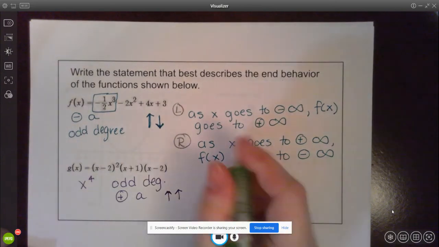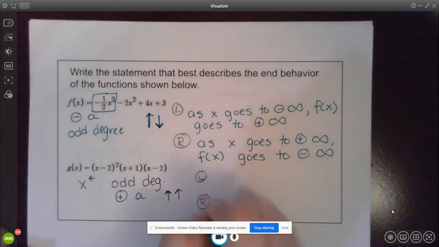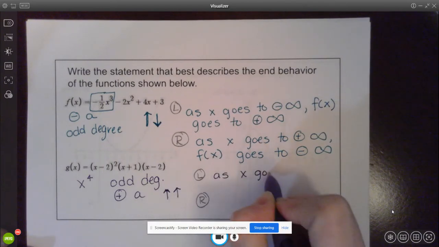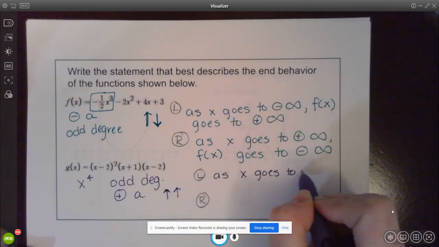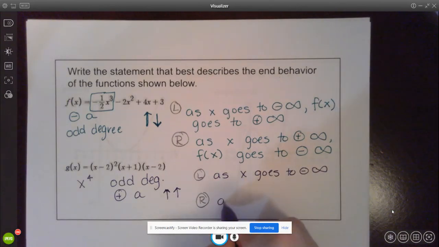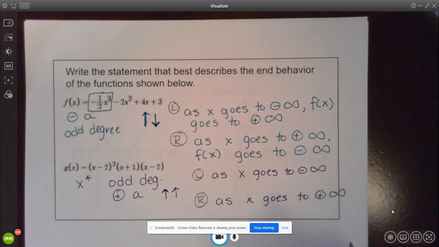So we're going to do left and right sides again. The left side is always as x goes to negative infinity. And the right is always as x goes to positive infinity. Now in this case, because it's an odd degree, they're going to go the same way.